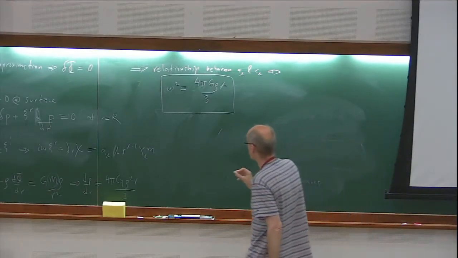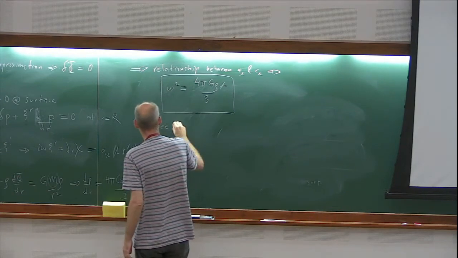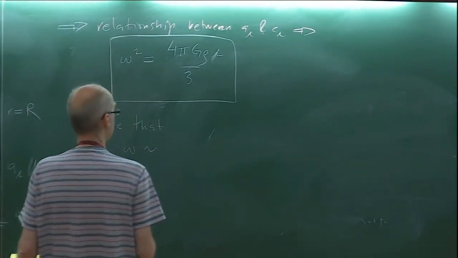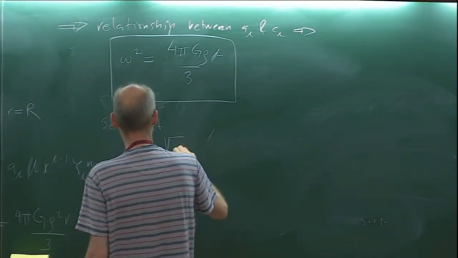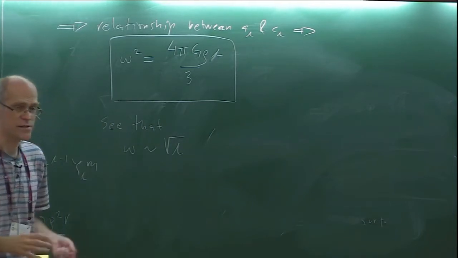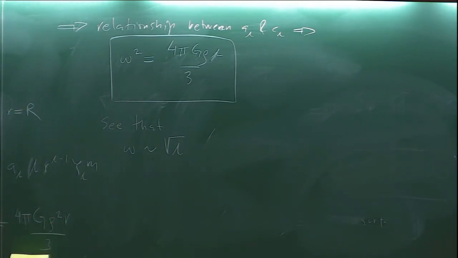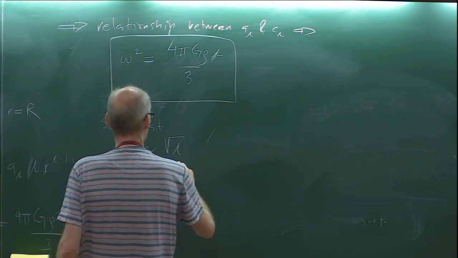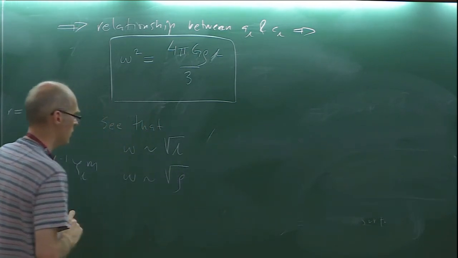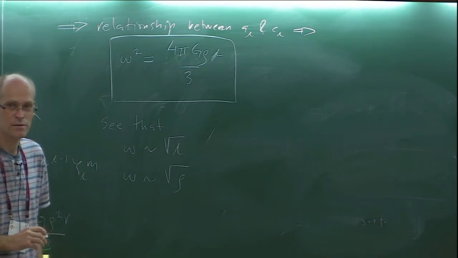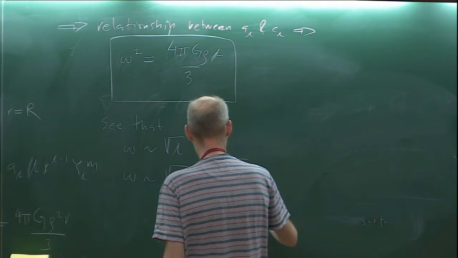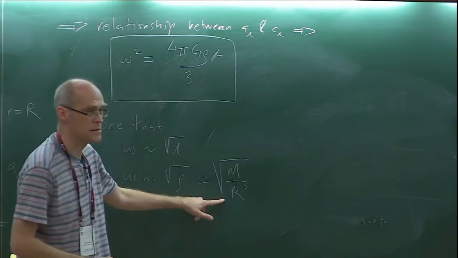The first thing we see is that the frequency scales as the root of L, where L is the spherical harmonic. So if I go to higher harmonics, I get higher frequencies, with this scaling. They also scale like the square root of the density. So there should be a scaling like this.